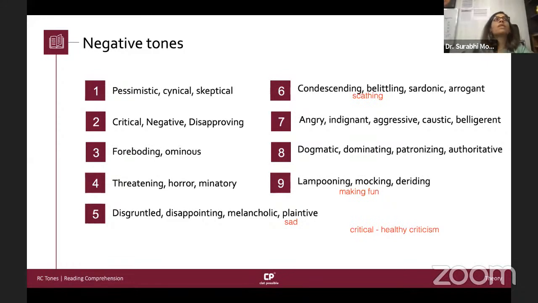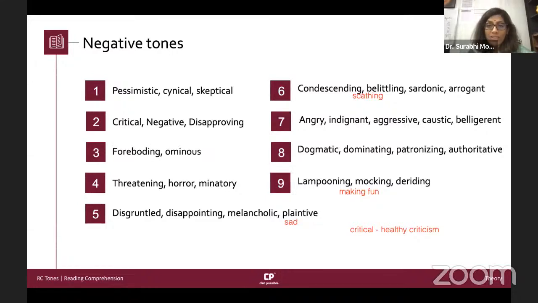So it will not be a tone in the whole passage. It is a tone you are likely to find in one dialogue or one sentence where the person in authority is either giving an order or saying something to make the other person sound small. So it's, I think, a single statement tone or a single dialogue tone rather than a whole passage tone.